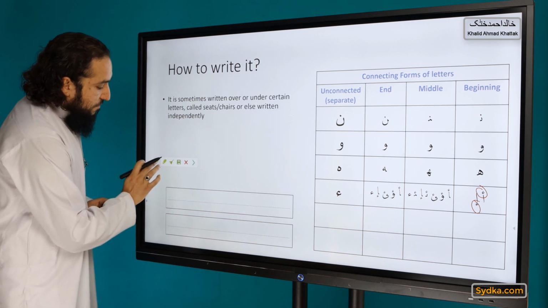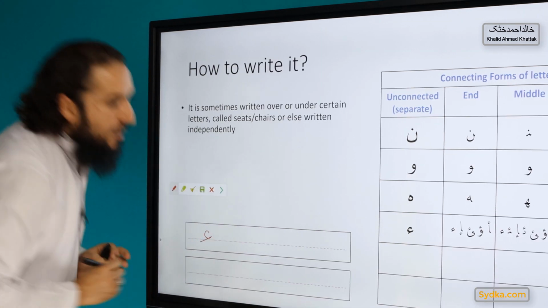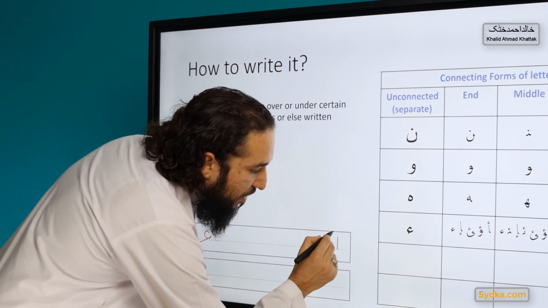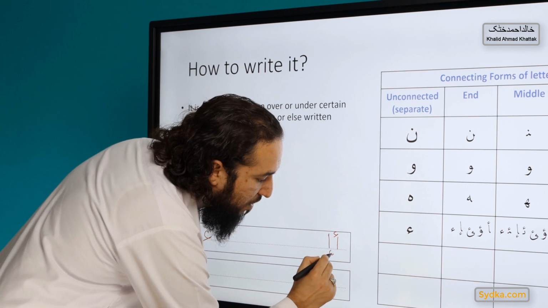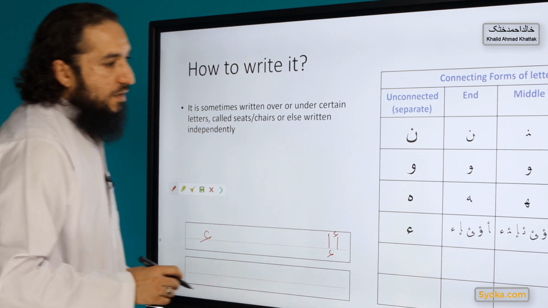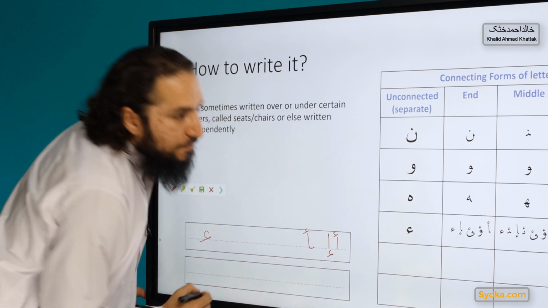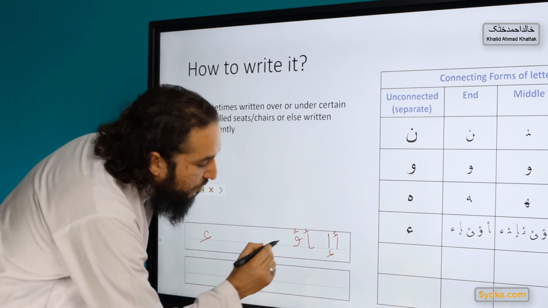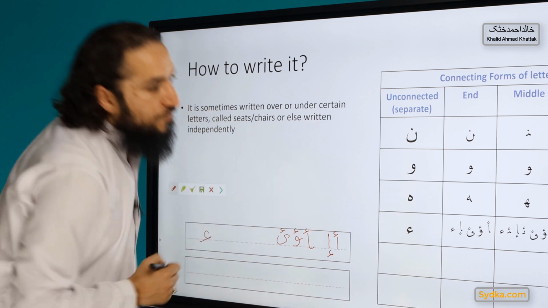When on its own, it is written like this. In the beginning, you just write alif, and you write Hamzah on top of it or under it. If it's under it, then it goes below the line. And in the other forms, we are putting Hamzah on the chairs or the seats.